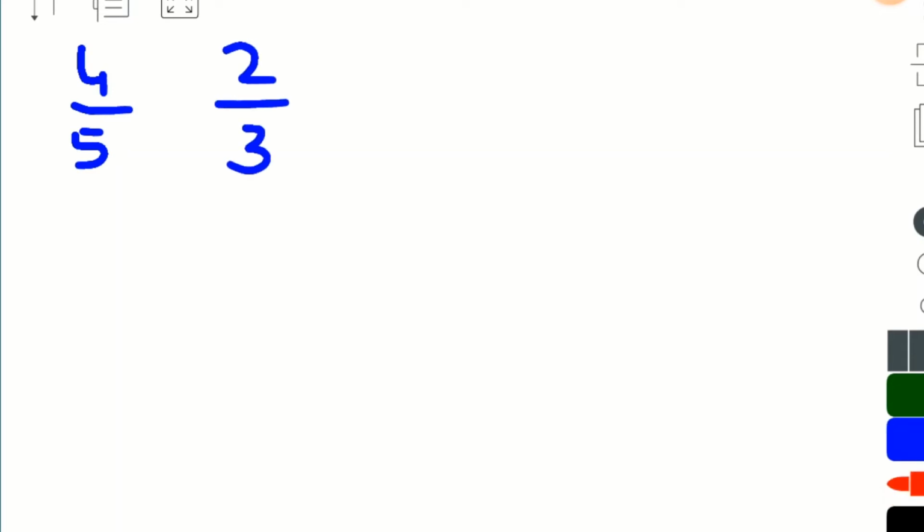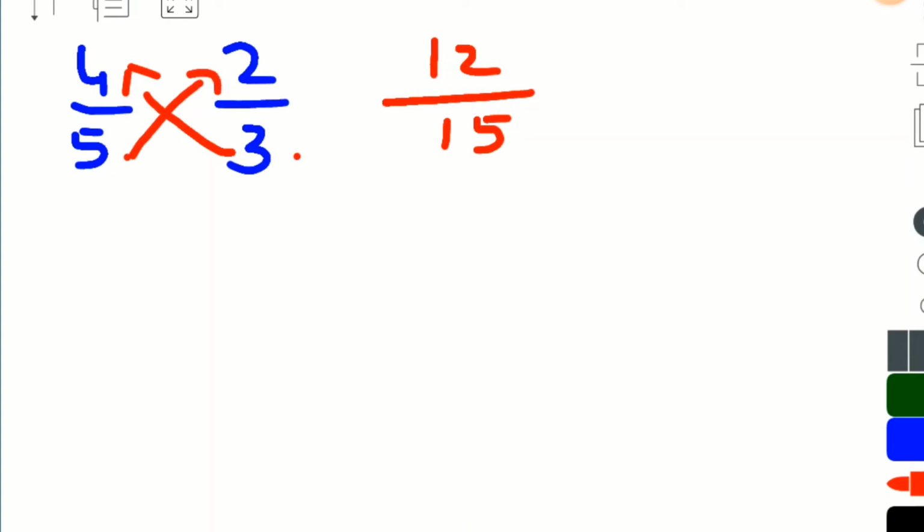The question is 4 upon 5 and 2 upon 3. Now here the denominators are different. We will make it same. We will cross multiply this 4 with 3. You will get the answer as 12, and for 5 3s are 15, and 5 we will multiply with this fraction.